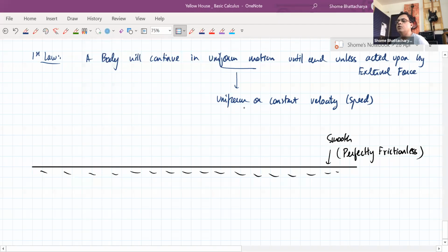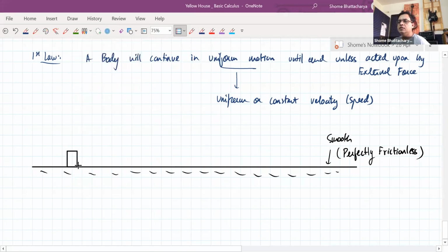Practically this is not 100% possible, but you can come very close, especially if you reduce friction by creating some kind of levitation, like in magnetic levitation of bullet trains. There is hardly any contact between the body and the surface, so there's hardly any friction.